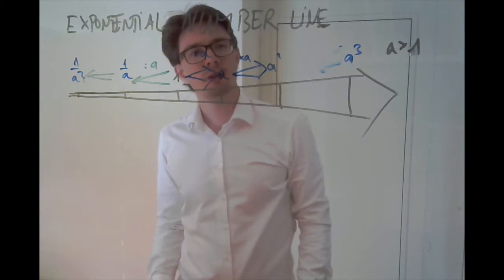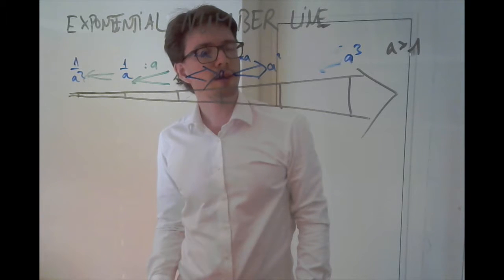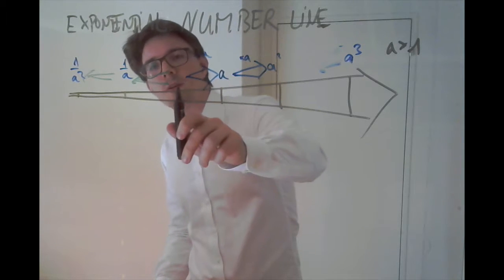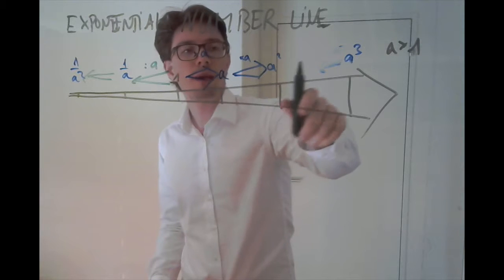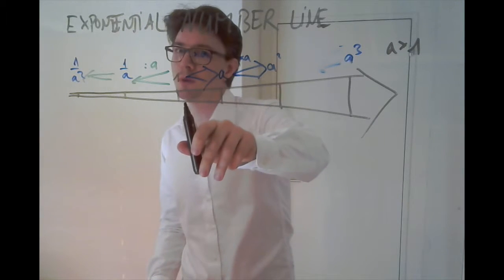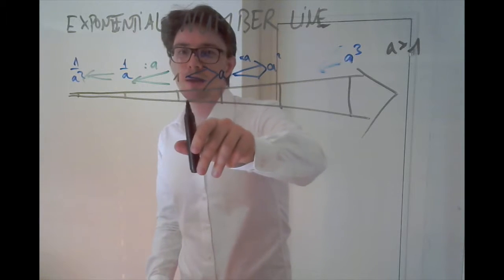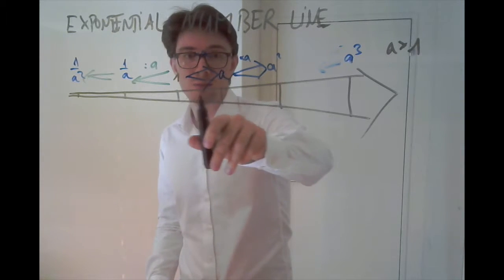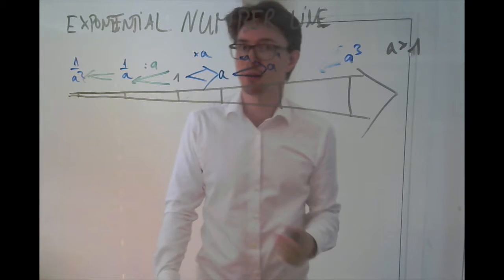And you might wonder, can we maybe use a negative value? Well, for a negative value of a, we would have sign flips from one step to the next, and then we wouldn't really be able to make this work in a continuous fashion between positive and negative values.